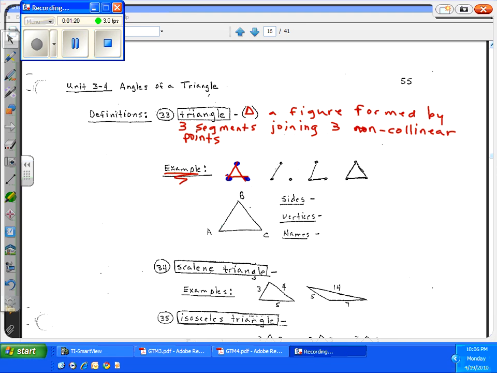The three segments are called the sides. So the sides are segment AC, segment AB, and segment BC.